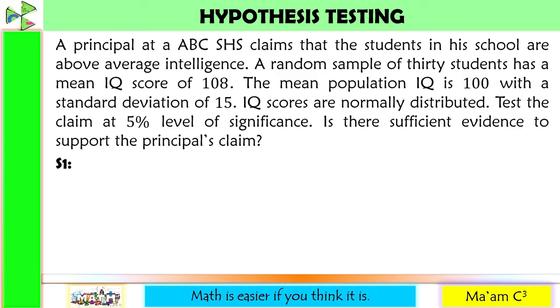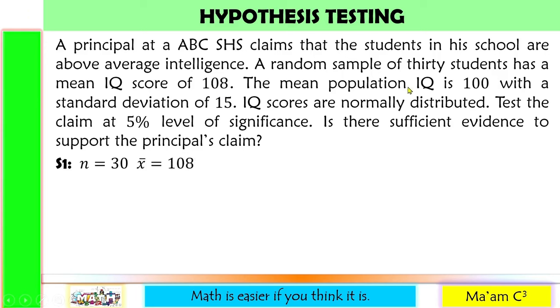Step 1, we have to identify the pertinent information here. As I suggested, always start with the sample size. We have here a random sample of 30 students. So n is equal to 30. Mean IQ score of 108. This mean of 108 pertains to the sample, so this is sample mean equals 108.